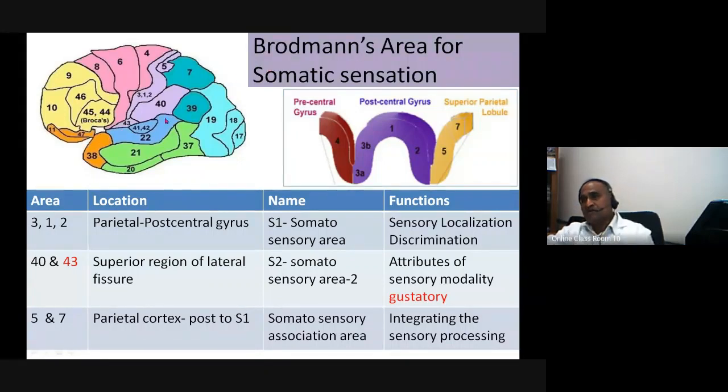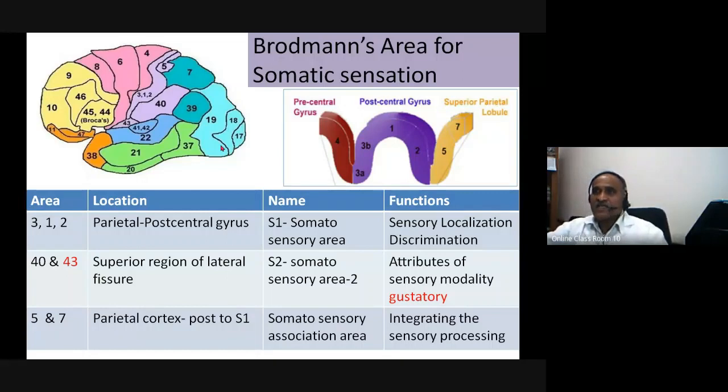So that is about the Brodmann's areas for somatic sensation: 3, 1, 2, 40, 43, 5 and 7. This table I have created with information from other resources.